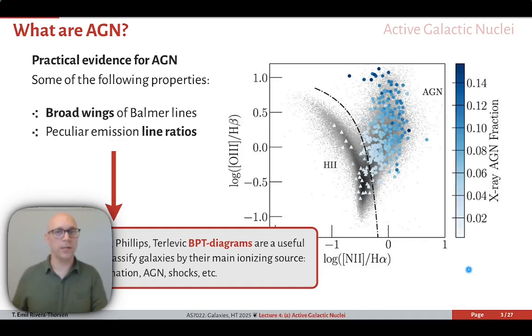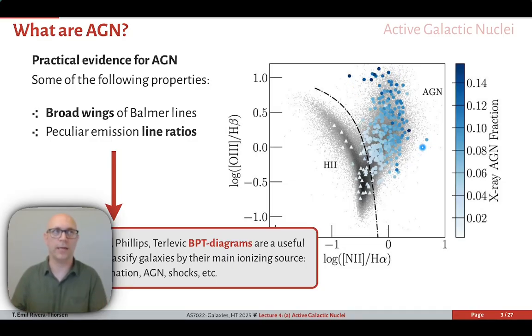This diagram here is what we would call the original BPT diagram, as it was devised in 1980. Later on, other diagnostic diagrams of the same kind, where other line ratios are plotted against each other in order to see the different loci of where star-forming galaxies and AGN and so on are falling, have been devised.